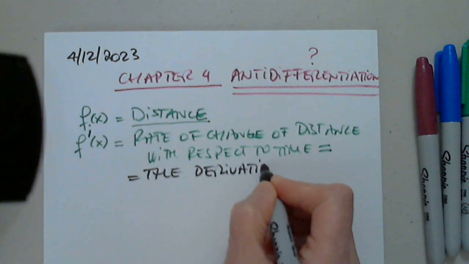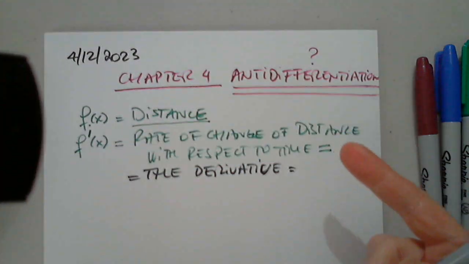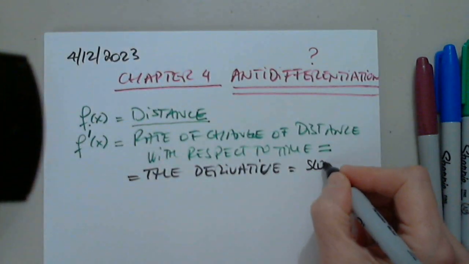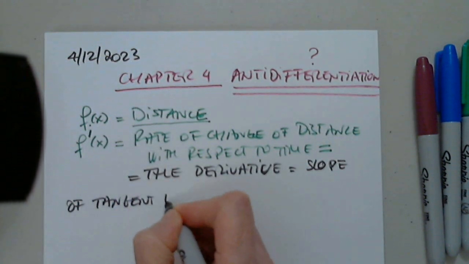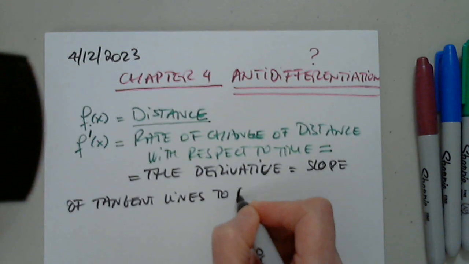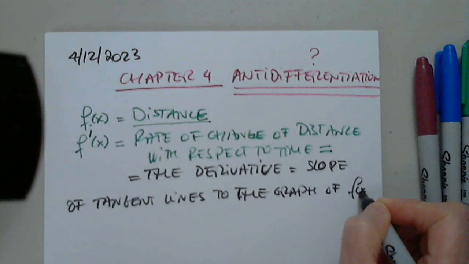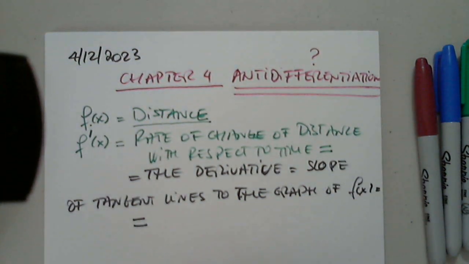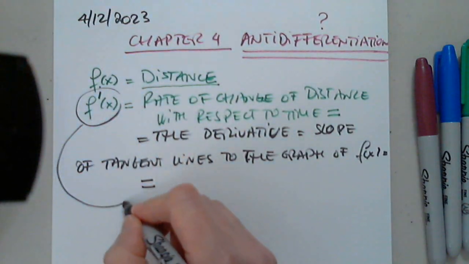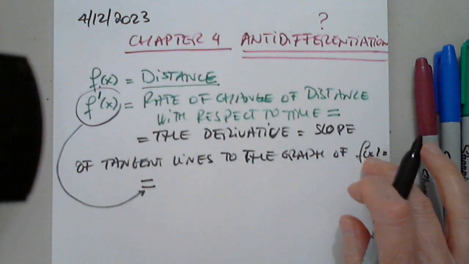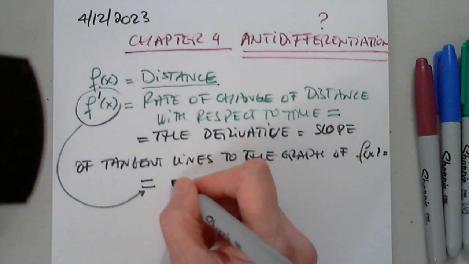The slope, yes. It gives the slope of the tangent line to the graph of f of x at any point. But in one word, all of that, everything is correct, but in one word, we say this is dy over dx?